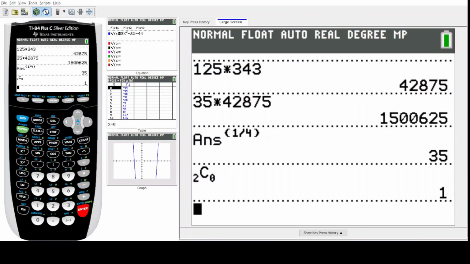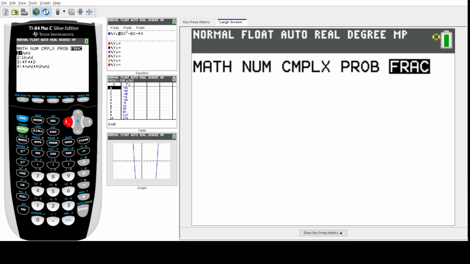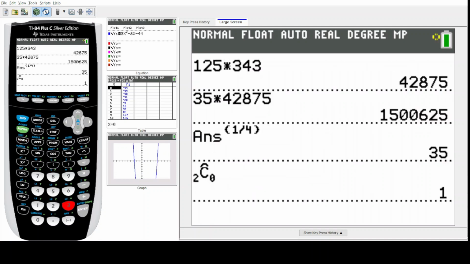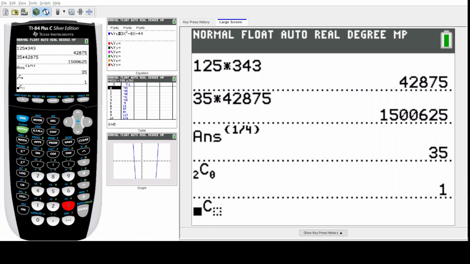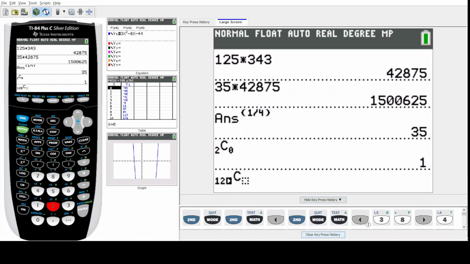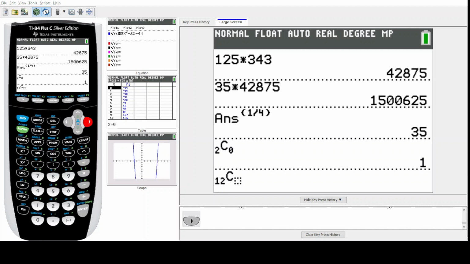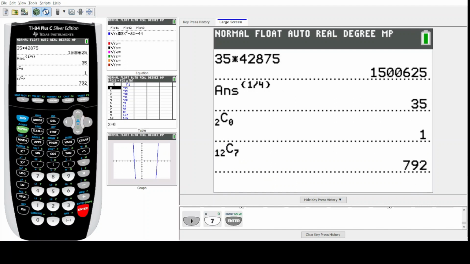If I were to use the graphing calculator, I would go math, then I'd come over to probability. I'd pick option 3, nCr. I put in my value of 12, and then here's the history of what I've been typing. And then I would come over and I would pick 7. Enter, 792.